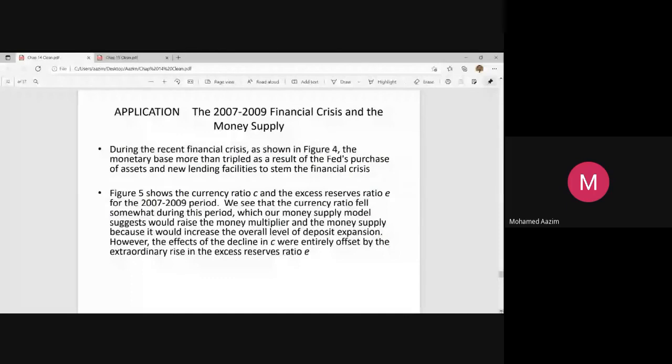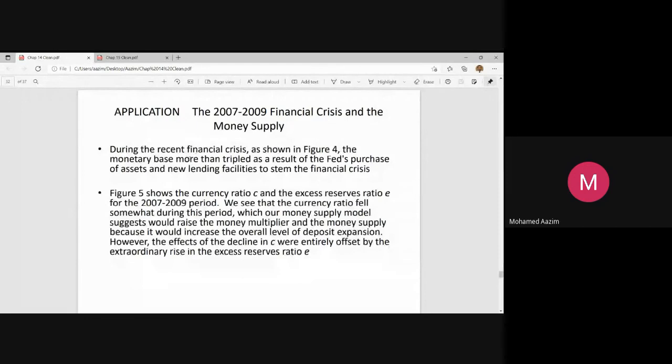Right? So during this recent financial crisis, the very, very interesting aspect is the monetary base tripled. Monetary base expanded very fast. And there is no difference during the pandemic period also.